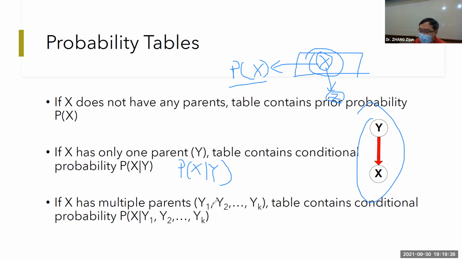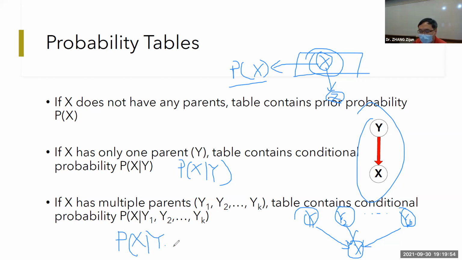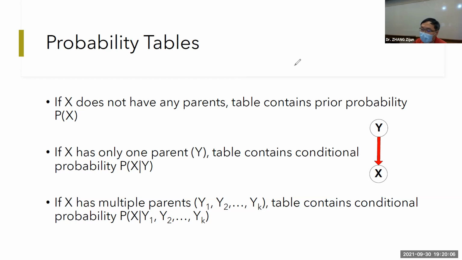If X has multiple parents, Y1, Y2 to Yk, we have an X. They all point to X. Then the table contains conditional probability P(X conditioned on Y1, Y2 to Yk). Okay. All right.